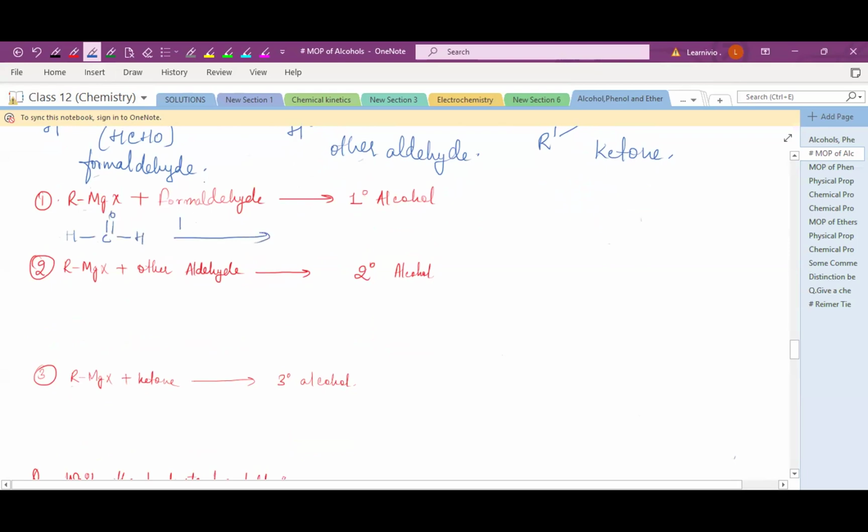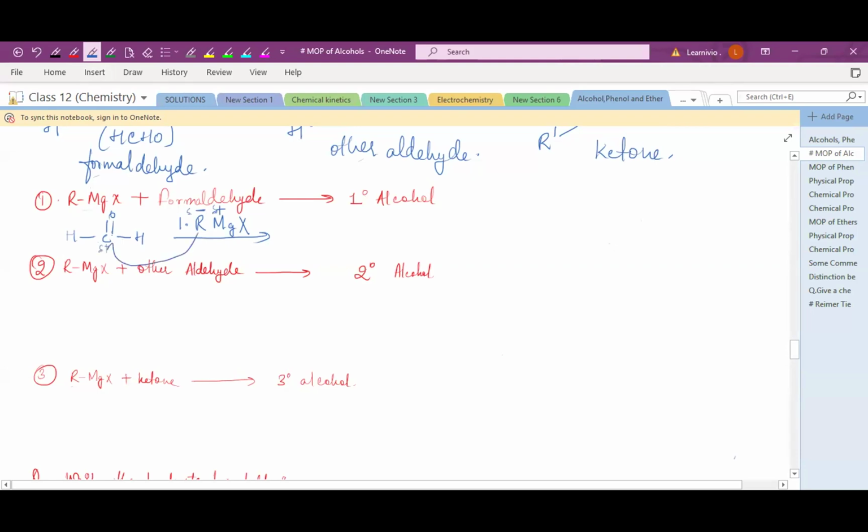When you treat it with the same mechanism, in the first step you treat it with RMgX, the Grignard reagent, followed by hydrolysis. You have to break this carbon and oxygen pi bond, and a new bond will be formed with R. Step by step, first step: the oxygen has a negative charge and the carbon has a partial positive charge.